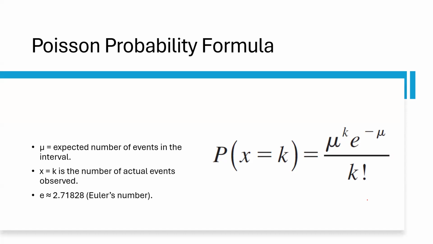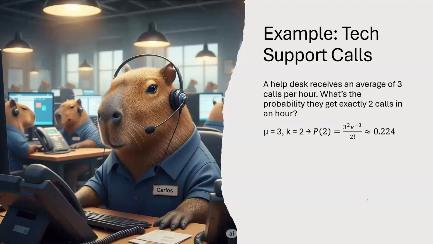That's a constant, about 2.71828, and so on. It's kind of like pi. It's a number we use frequently in math. k factorial is the factorial of k, the product of all the positive integers up to k. The formula might look intimidating, but once you plug in mu and k, calculators or Excel can handle it quickly.